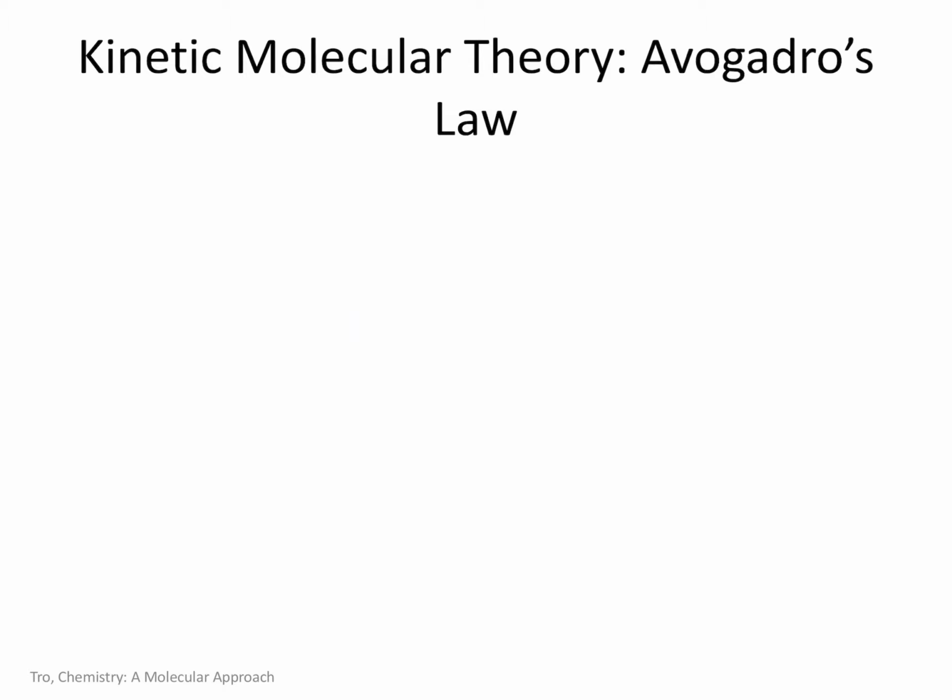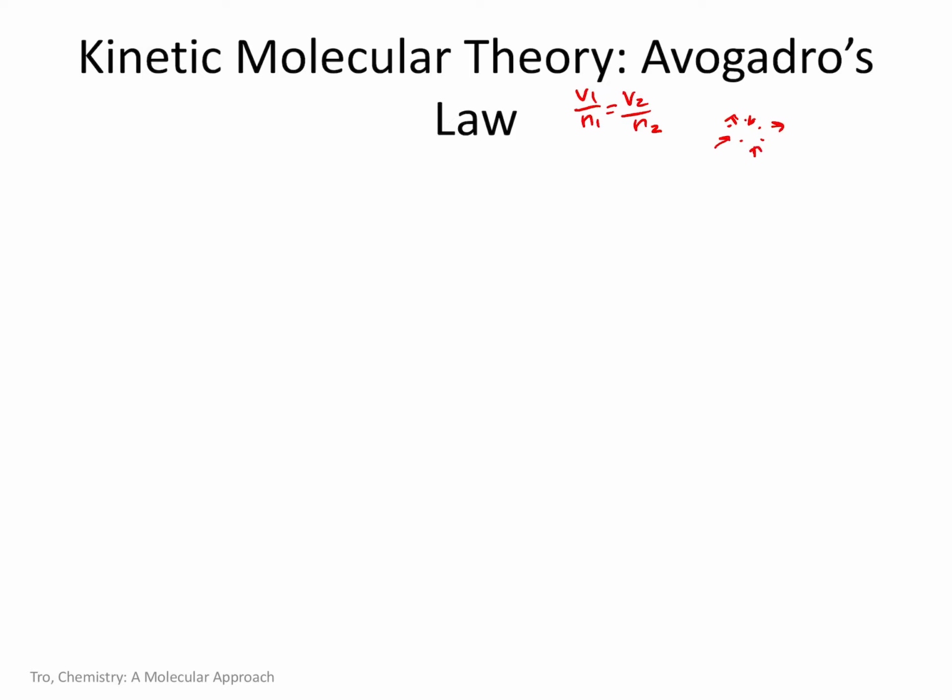Avogadro's law. Now, Avogadro's law is a relationship between the volume and the number of particles. It states that at a constant temperature and pressure, the volume of a gas is proportional to the number of particles. According to kinetic molecular theory, when we increase the number of particles in a sample, we have a bunch more particles, and what are they going to do? There's going to be more collisions with the surface and with each other.